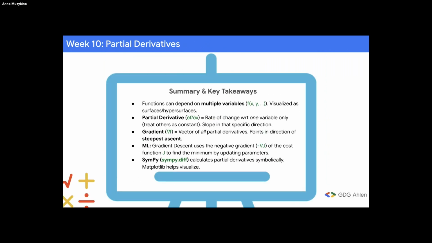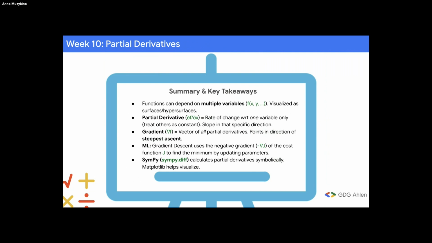Let's summarize week 10. Functions can depend on multiple input variables. The partial derivative, like partial f, partial x, measures the rate of change with respect to just one variable, treating others as constants. It represents the slope in that specific input direction. The gradient, nabla f, is the vector containing all the partial derivatives.